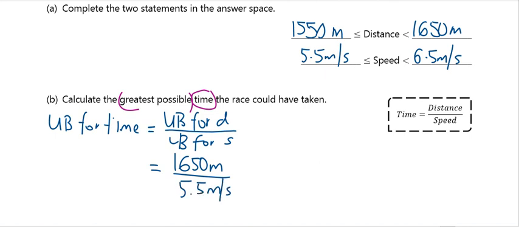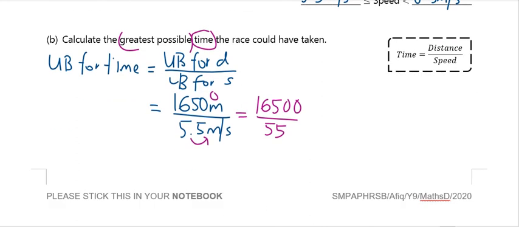If you notice, this is a paper 1 question, so you have to use manual calculation of division. 16,500 divided by 55 will yield you 300. So what's the unit for time? Since you are using meters per second for speed, your time will be in seconds, right?